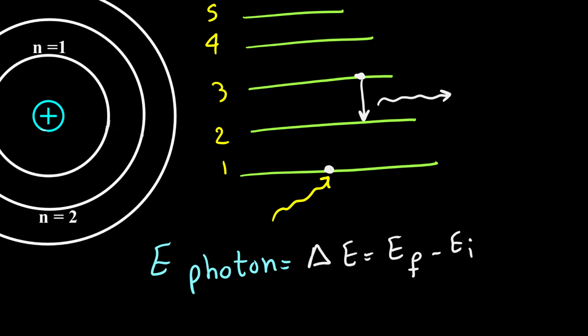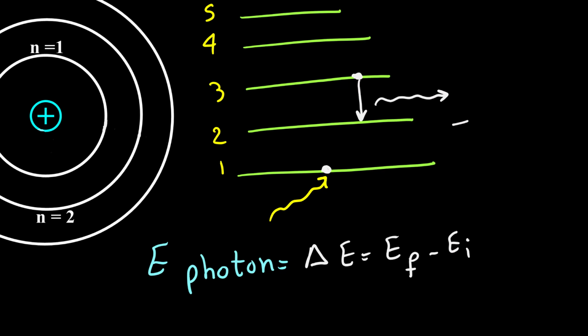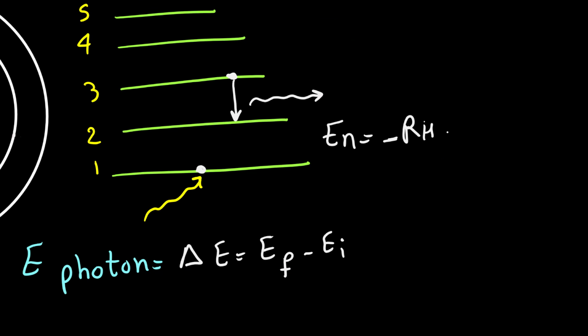The energy of these levels in the Bohr atomic model is equal to negative R_H times Z squared over n squared. Z is the charge of the nucleus, and in a hydrogen atom the charge of the nucleus is 1. So instead of Z squared we can write 1.